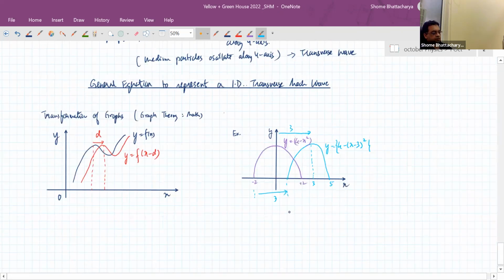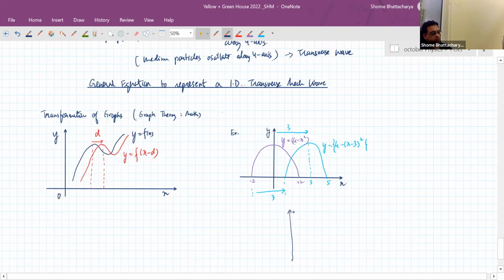We have a graph, let's say, like this. y is equal to 1 by x.